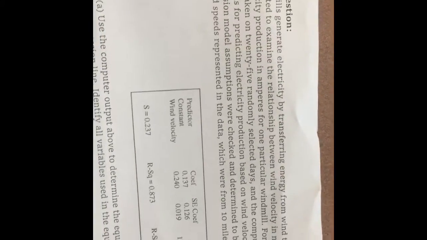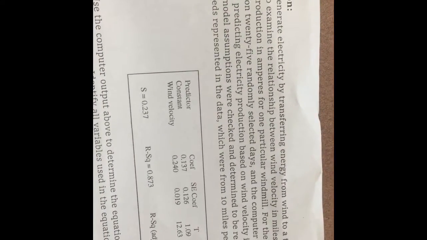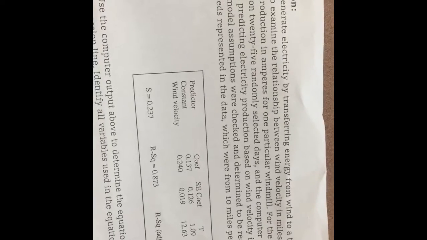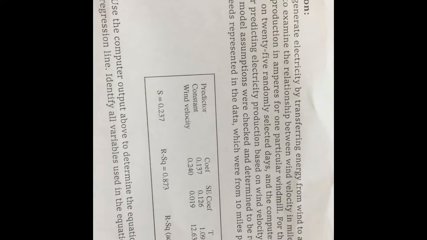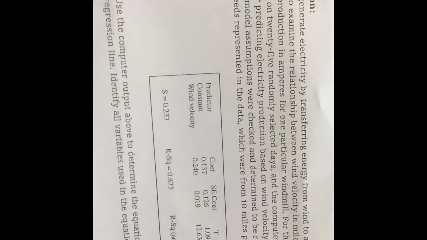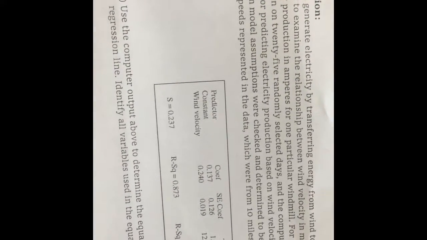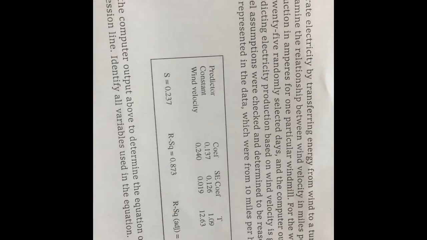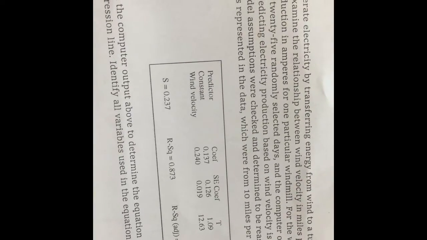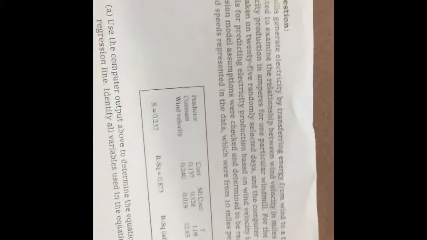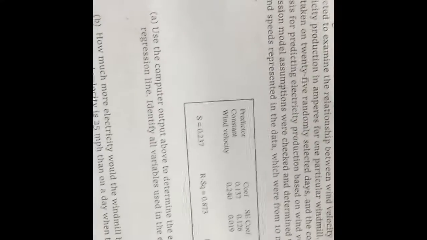Next, we have the AP question. Windmills generate electricity by transferring energy from wind to a turbine. The study was conducted to examine the relationship between wind velocity in miles per hour and electricity production in amperes for one particular windmill. Measurements were taken on 25 randomly selected days.